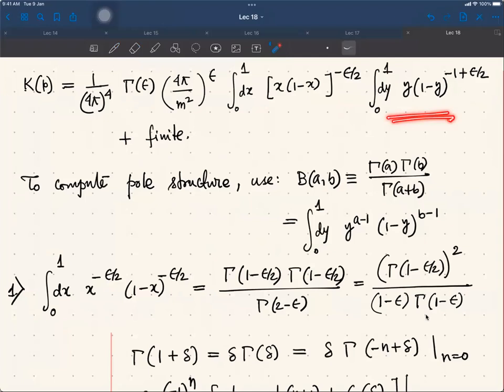So therefore, both terms taken together will give a 1 over epsilon square pole.